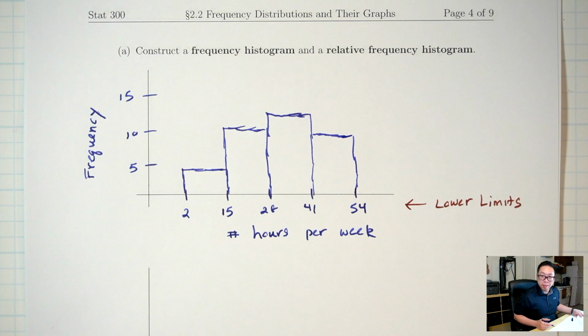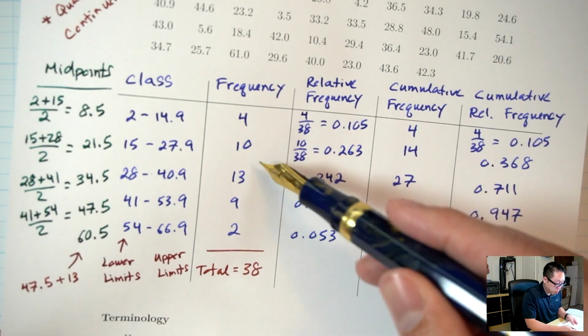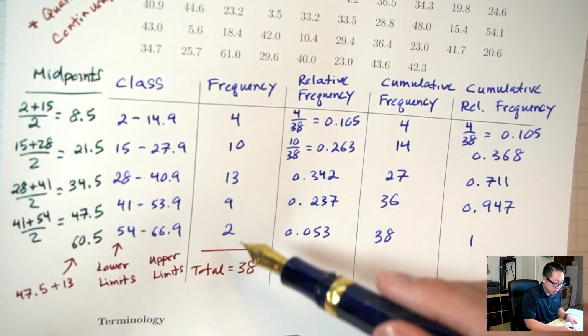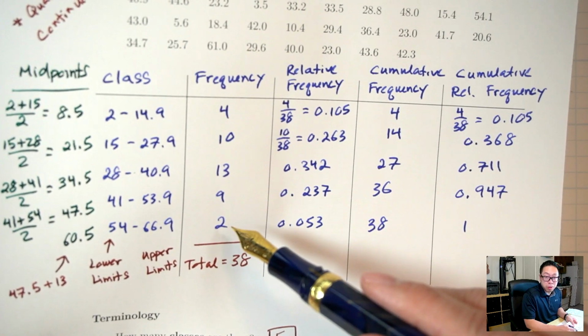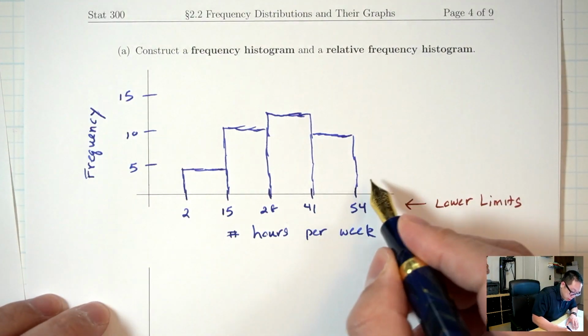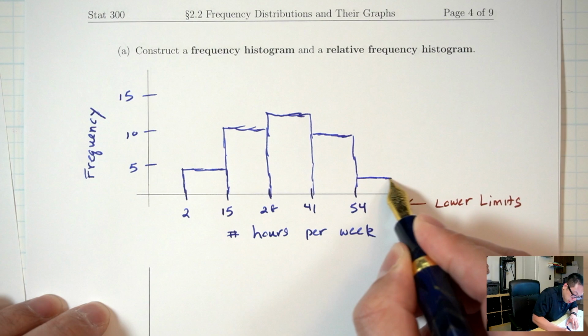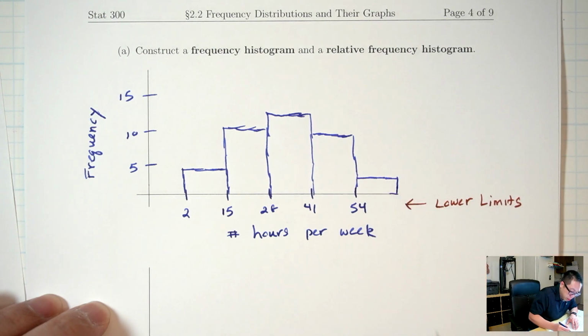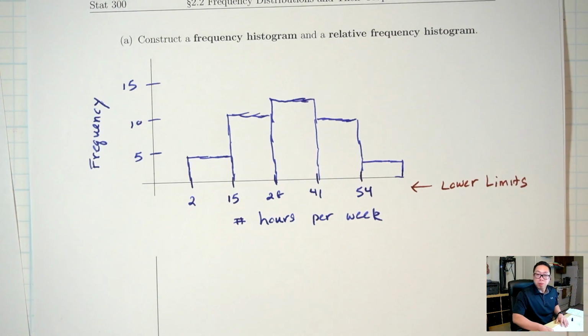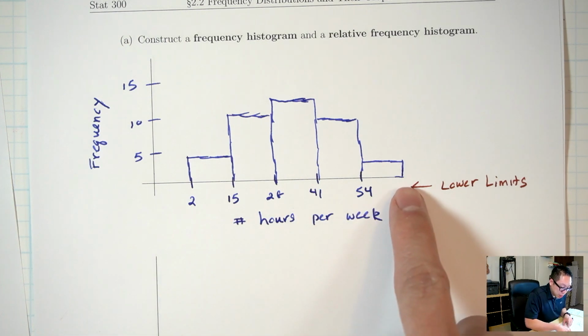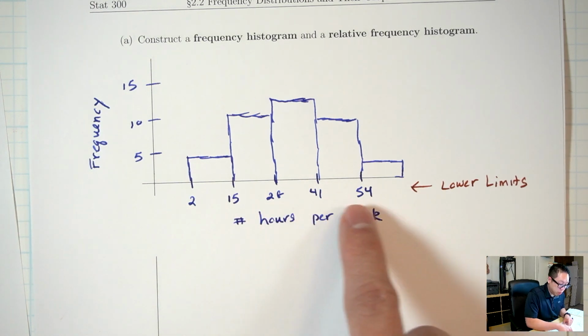Are we done? No. Right, I did 4, I did the 10, I did the 13, I did the 9. I haven't done the 2 yet. So the 2 should be another bar that's at height 2. Okay, so what's very important is I need this number right here. What is that number? So I have 2, 15, 28, 41, 54.